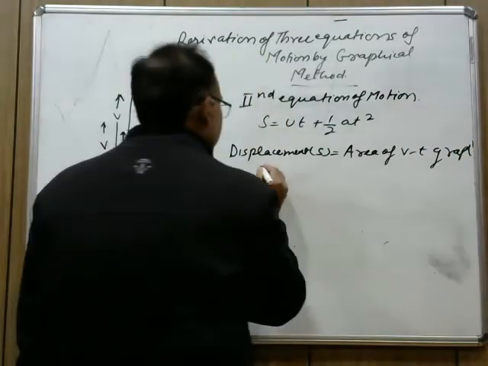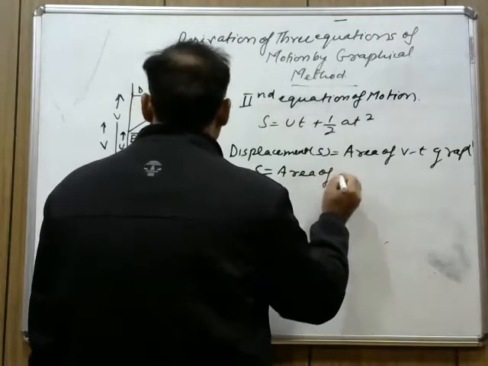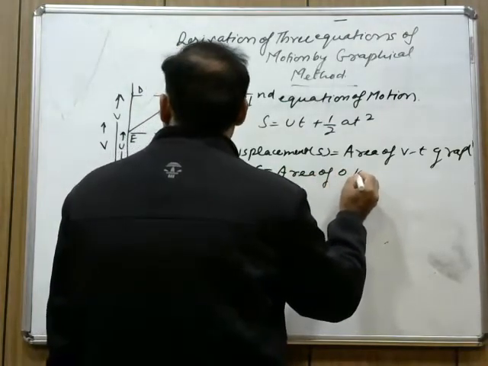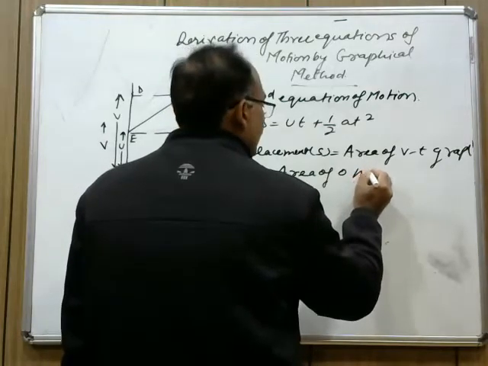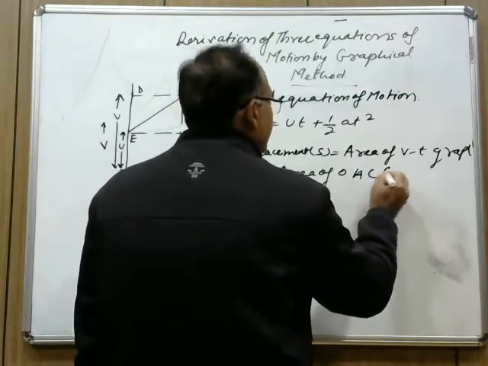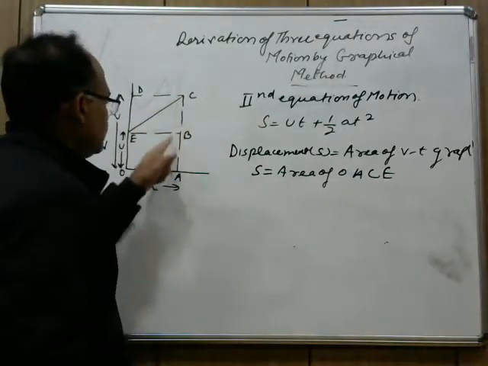So we can write S is equal to area of OACE, because this is the total area enclosed by the velocity time graph.